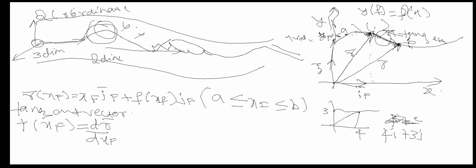At this position, the r vector is this one. As the x coordinate is changing, r itself is changing. If I take the derivative, dr divided by dxf gives me this vector. Usually in normal Newtonian mechanics, we represent this by this kind of a thing.